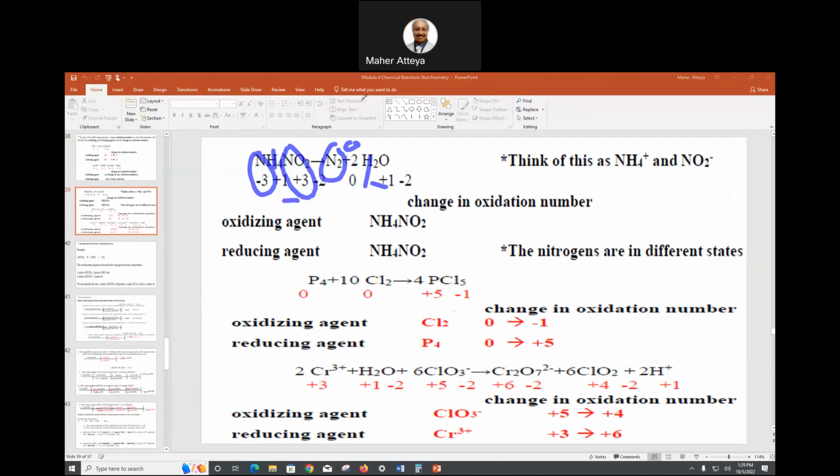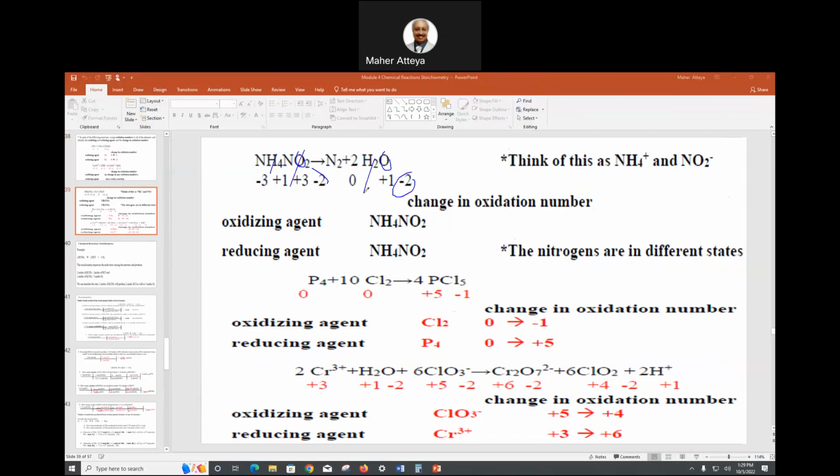Oxygen, take this one out. Oxygen is -2, -2. That's out. So hydrogen is out of consideration. We have 2 nitrogens.